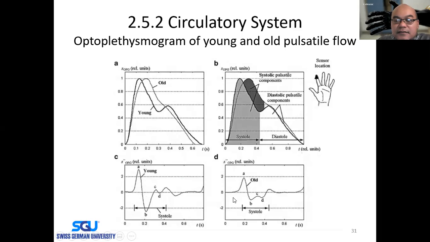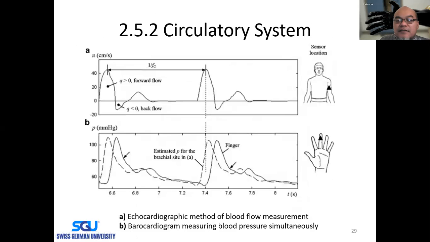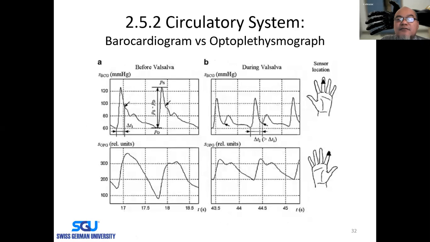This is for the young, and this is for the old people, the waveform of how they look. Here we measure the difference between measuring in brachial using barocardiogram, and also in fingers, using a pressure meter, for example piezoelectric, compared to using optoplethysmograph. The upper part is measuring the mechanical wave, and the lower part is measuring the optical pulse.